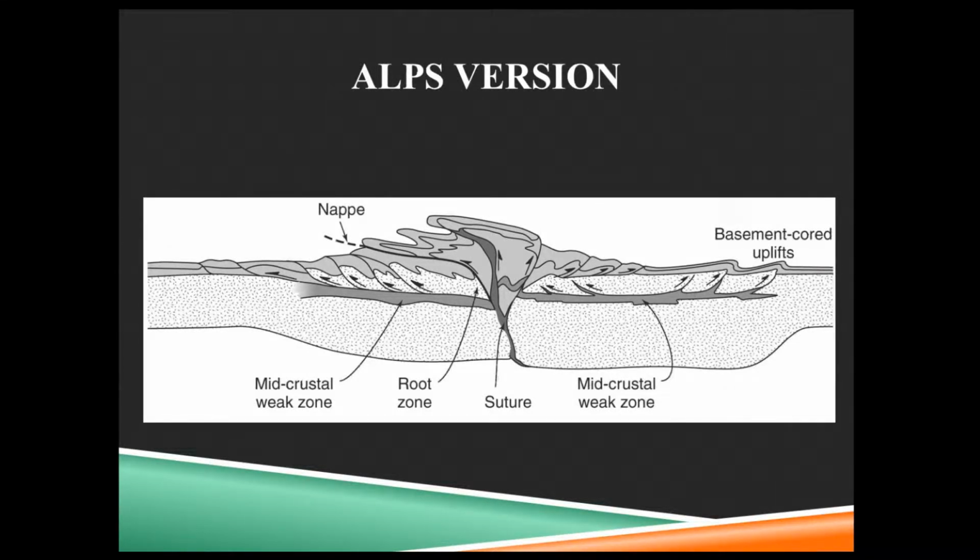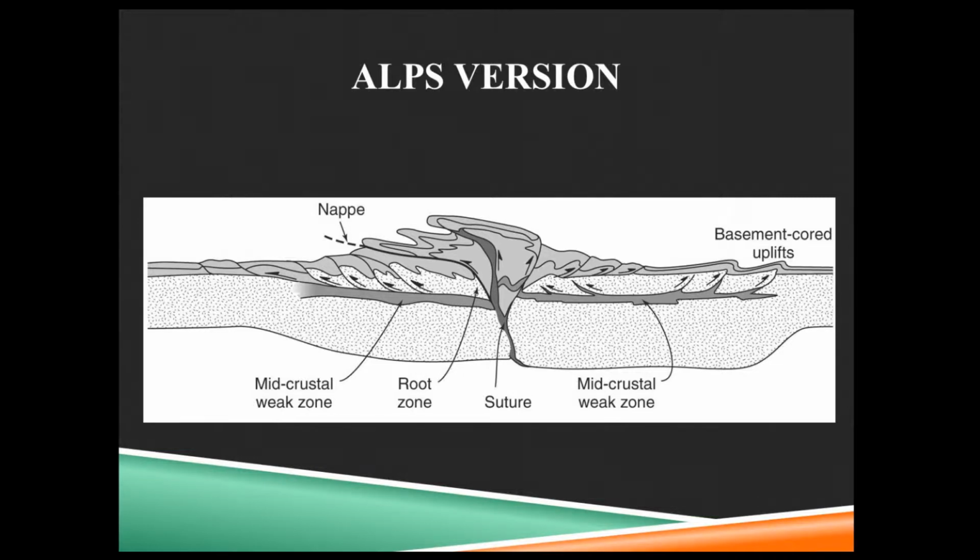Oh, actually, very next slide. So this is another one of those cross sections where it's not showing erosion. This is showing what the folds would look like if they could complete with no erosion happening over millions of years.